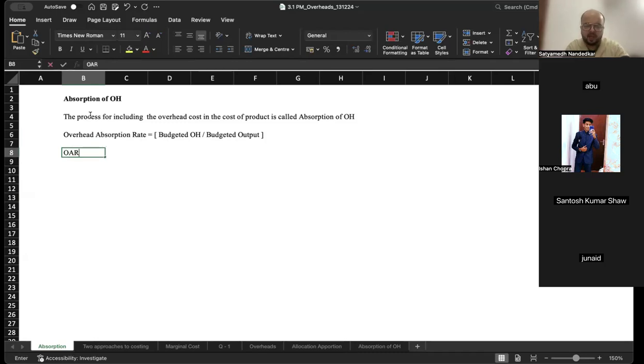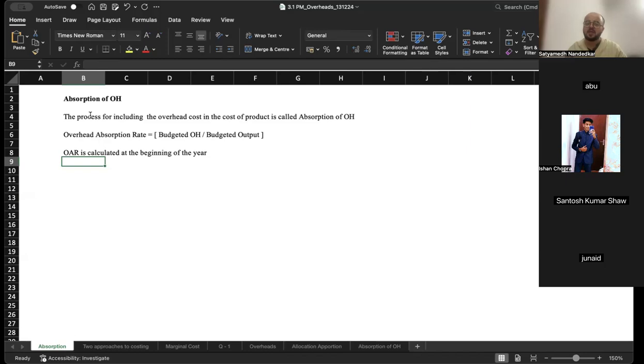Now, the OAR, that is the overhead absorption rate, is calculated at the beginning of the year. Now what the management's intention is: these calculations are not directly entering your financial accounting records. The management accounting data is for management to make internal decisions, to arrive at certain conclusions.